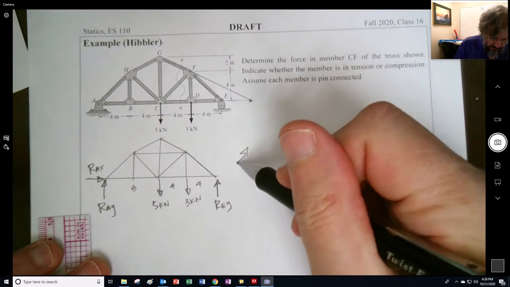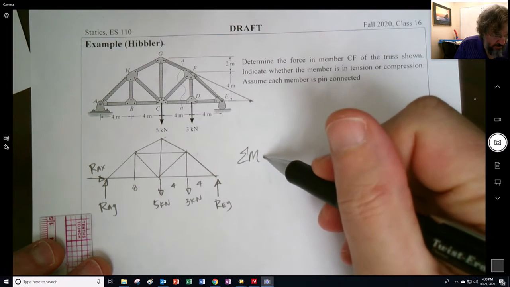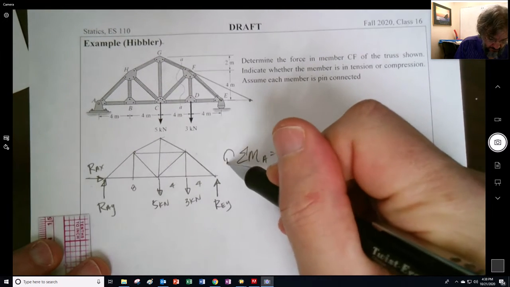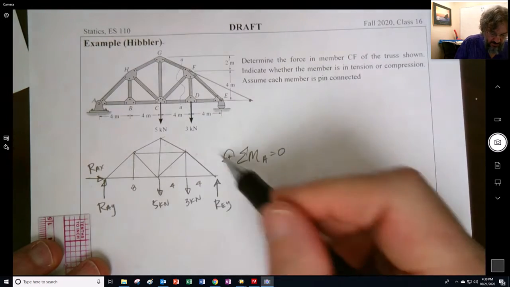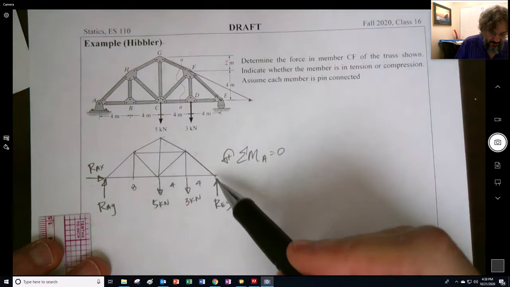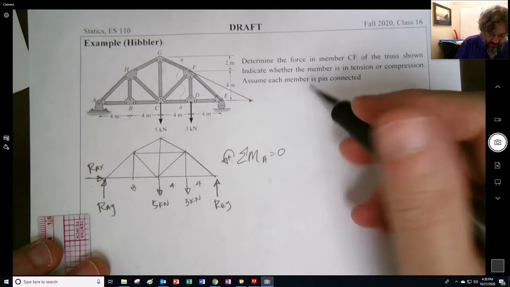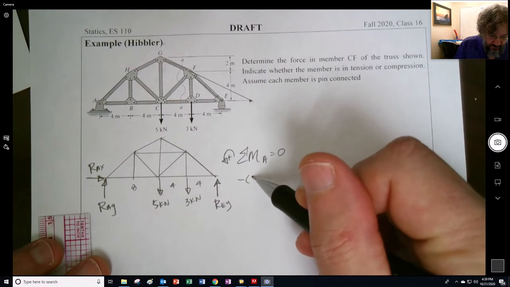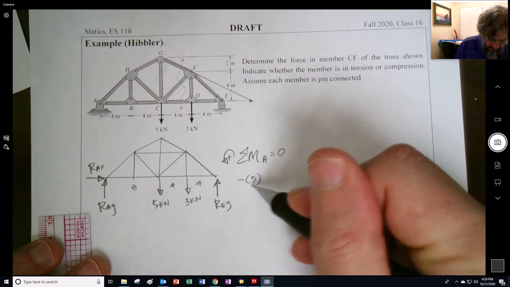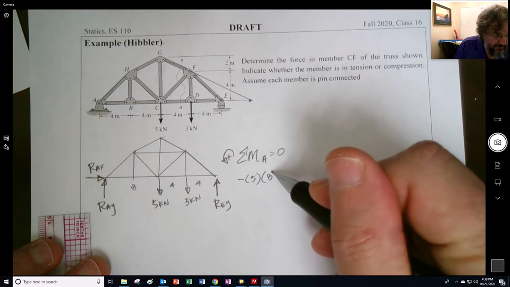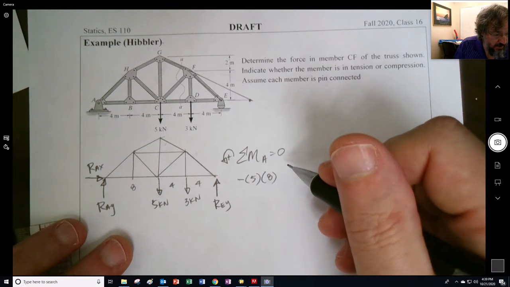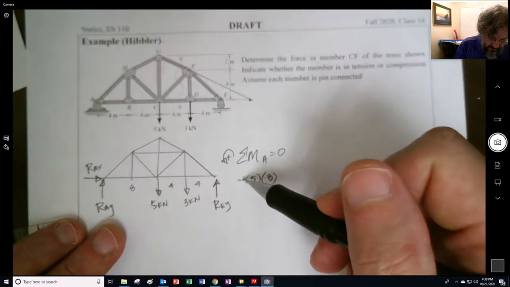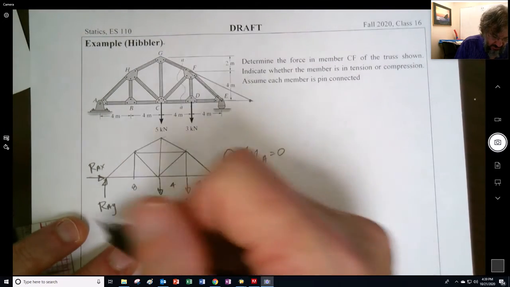Okay. Sum of the moments about A. Because I'm going to do everything over here, I'm not even going to bother finding A. I'm just going to do it right here. So on that side, we take 5 multiplied by 8, and that's 8 right there, and it's clockwise, right, because it's going about A that way.